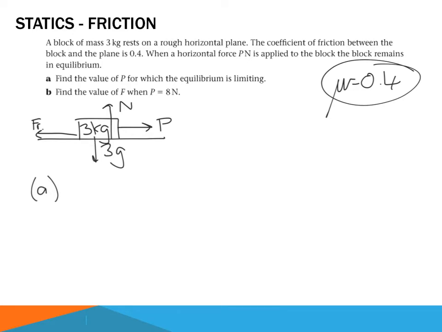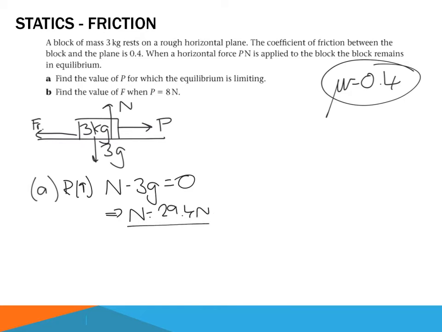So if I resolve vertically, I'm going to have N minus 3g is equal to 0, and therefore the normal force is going to be 3 lots of gravity, which is 29.4 newtons. I can then use this to find the value of P for which it's limiting. So when it's limiting, it's going to be exactly static and friction's at its maximum.